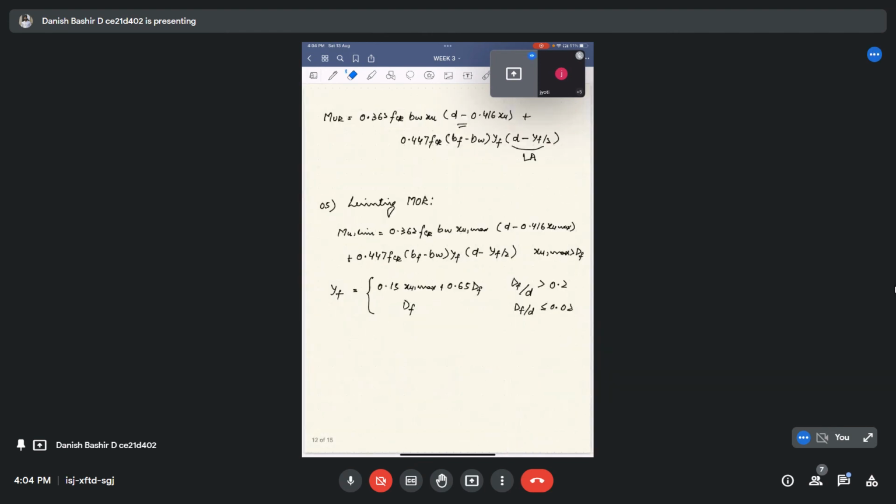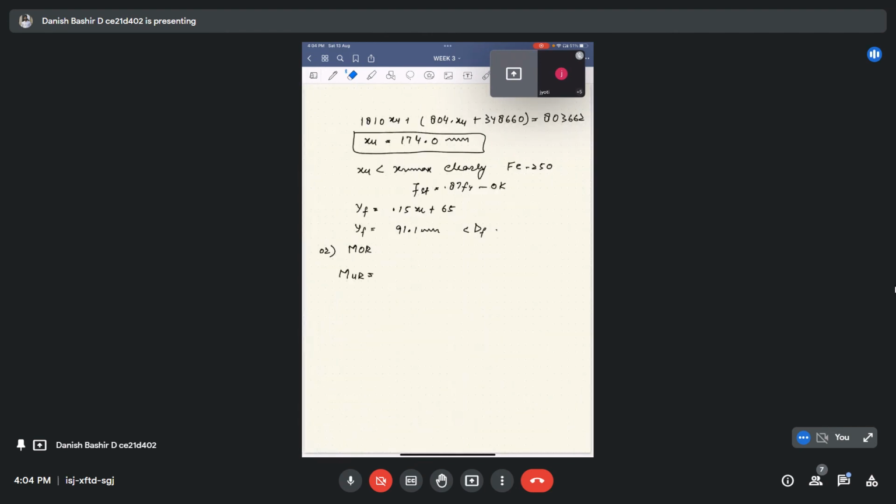We will do it like this: compressive force CUW times lever arm plus force in flange CUF times lever arm. We don't have to do the calculations again for CUW.